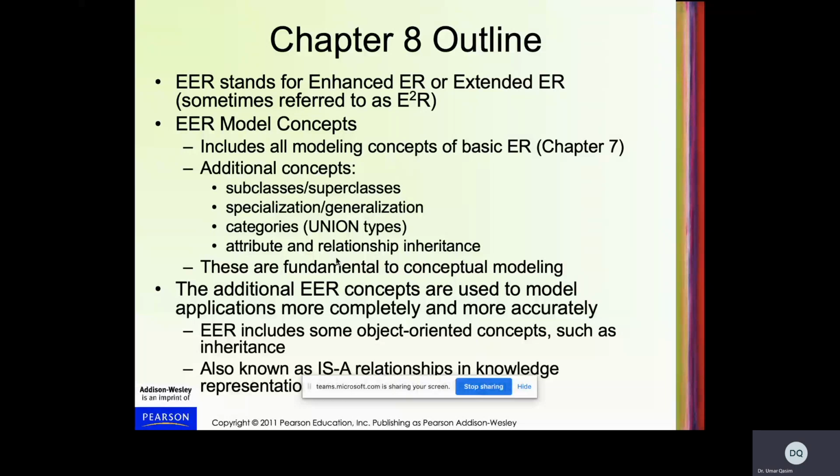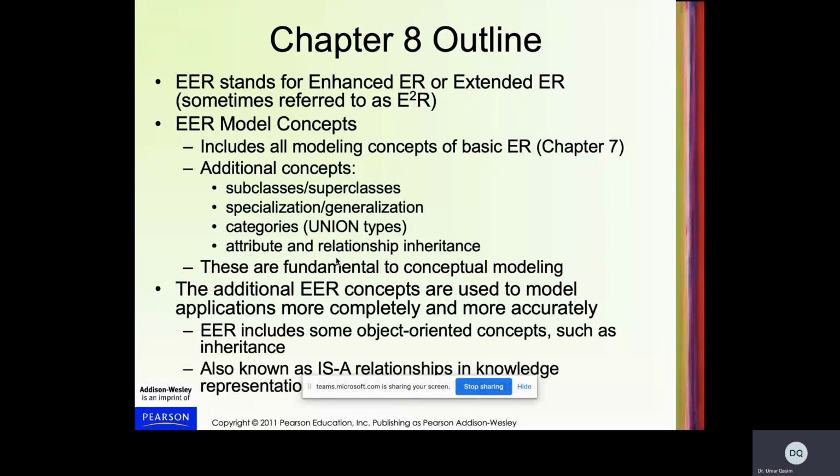So these concepts are used to model applications more completely and more accurately. We can draw ER diagrams using the concepts that we studied in the last chapter, but the concepts in this chapter represent more fulsome features of entity relationship modeling.